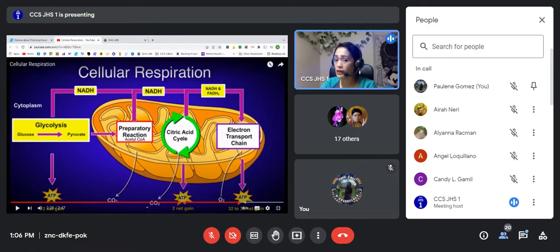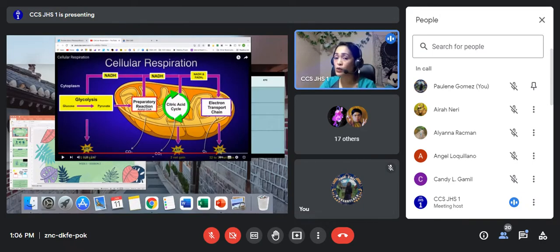From glycolysis and citric acid, these stages produce the substances NADH. These substances are a potential form of ATP. So yes, glycolysis and citric acid produce a small amount of ATP, duha-duha lang, but they also provide the next stage with substances that are potential forms of ATP.